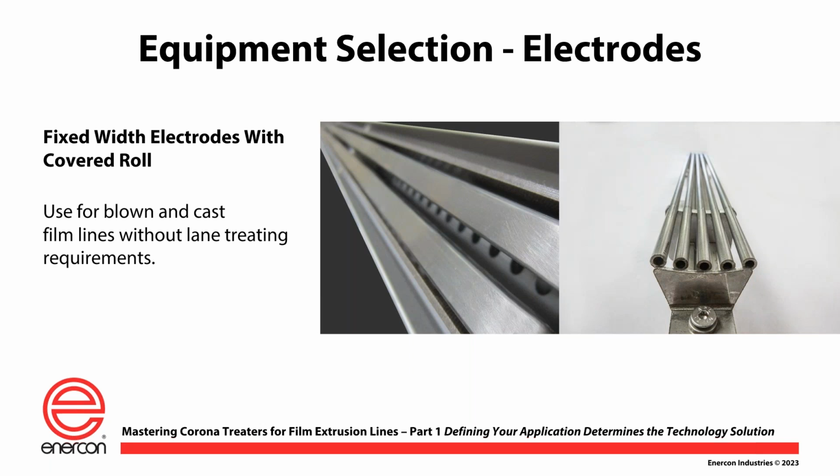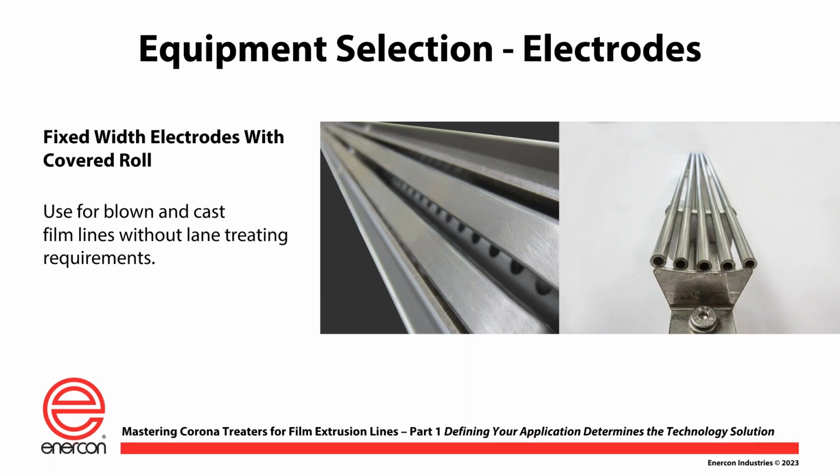Now, fixed width electrodes with covered rolls are used all the time. This is a very common thing. And of course, if you don't need to lane treat or adjust treat at all, then having this sort of fixed width electrode, whatever shape it is, the shape is really not relevant here. It could be a rectangular or square tubing shape. It could be a series of round rods or tubes or something like that.